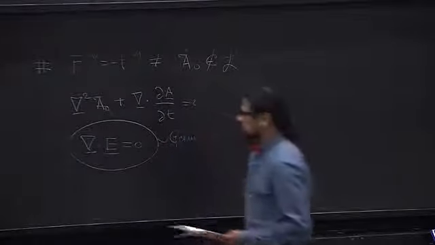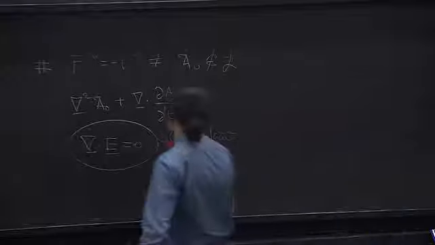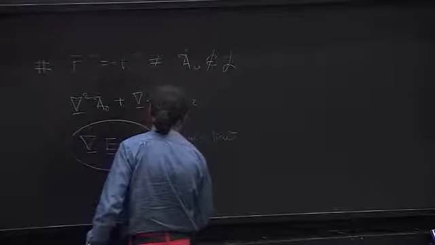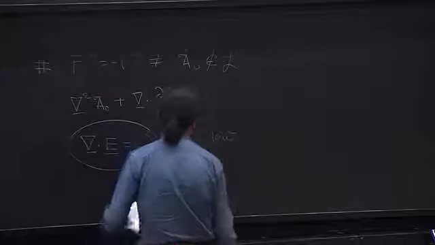It turns out that Gauss's law is a constraint. So it is a constraint equation from this point of view.